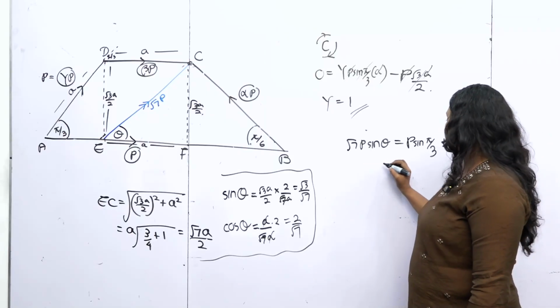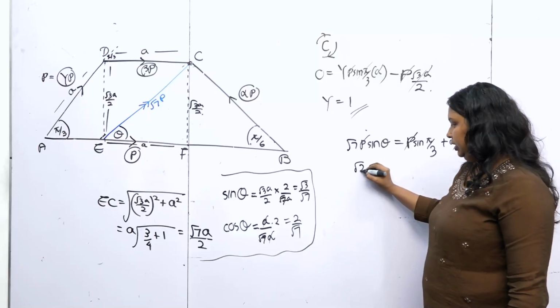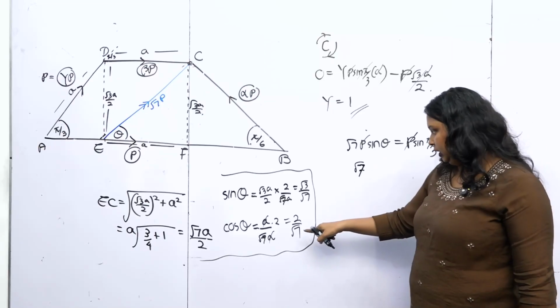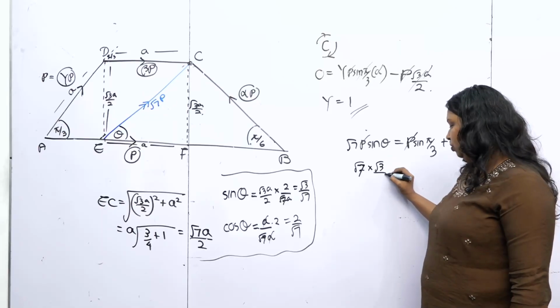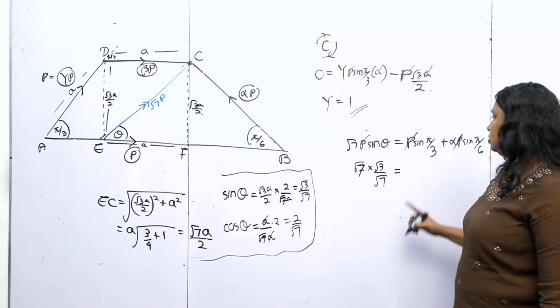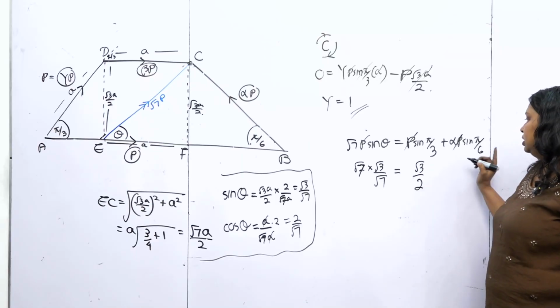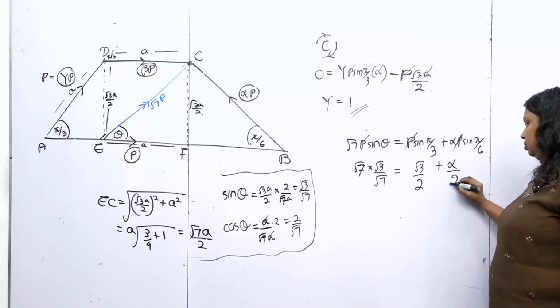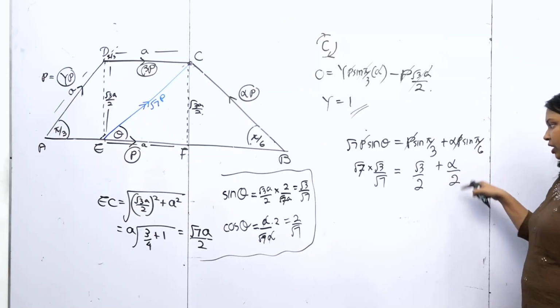So let's substitute the things. P gets cancelled. Root 7. So this sin theta means what? Root 3 over root 7 equals sin 5/3 means root 3 over 2. Sin 5/6 is half, so alpha over 2.